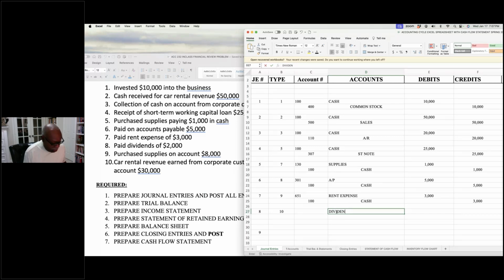What are we going to credit? Cash. What's the account for dividends? 455. And for cash, of course, what? 100. The amount was 2,000.